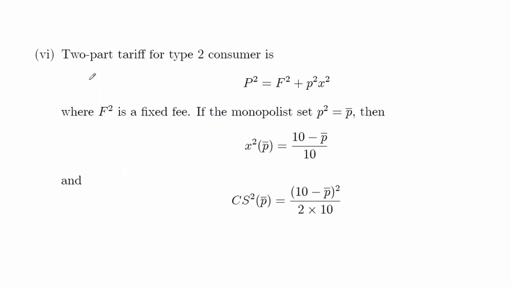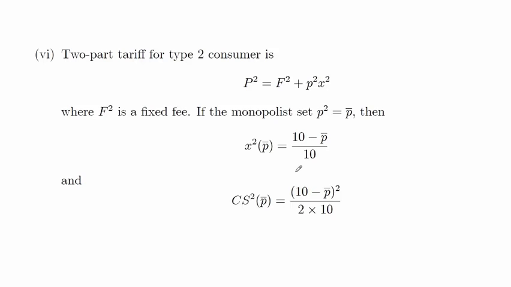Mathematically, if the monopolist sets P2 equal to P bar, the quantity demanded is going to be, using the normalized demand function, 10 minus P bar, not just P but P bar, divided by 10.